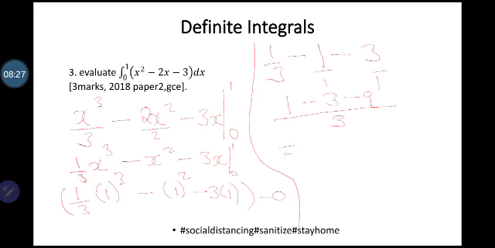So what we have is 1. We deal with the negatives. Negative 3 minus 9 will give me minus 12 over 3, and this will simplify to minus 11 over 3. As a mixed fraction, it would be minus 3 2 over 3, and you are done.